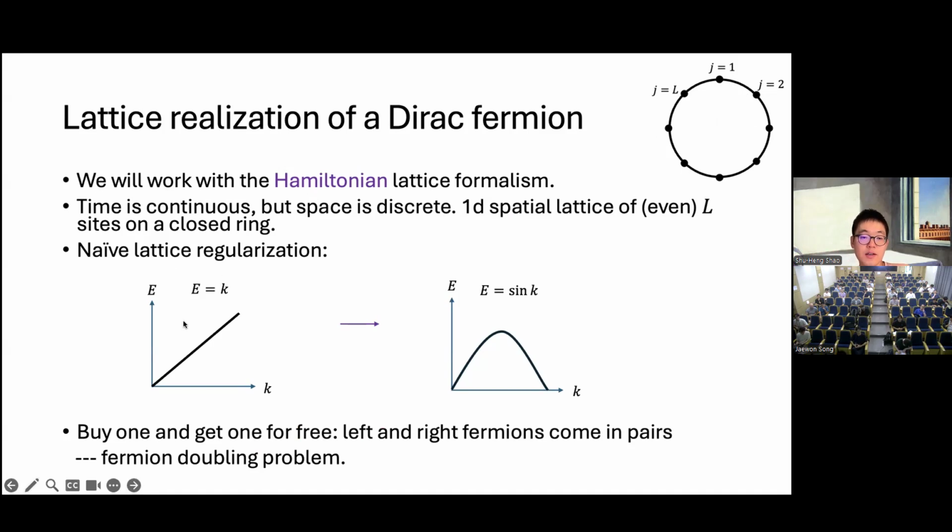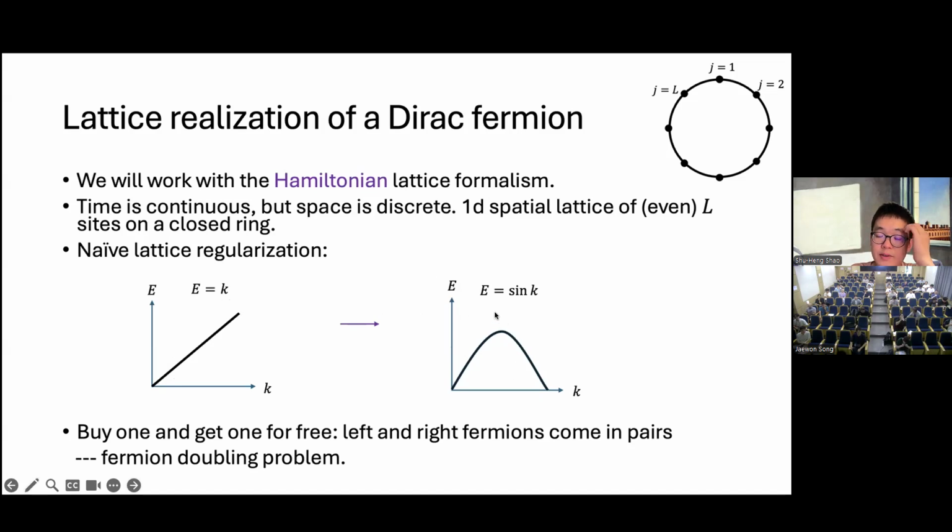Now, in the continuum, the dispersion relation for a right-moving fermion is just that the energy is equal to the momentum. For a left mover, the energy will be equal to minus the momentum. Now, if you want to realize the continuum fermion on the lattice, the energy of the states on the lattice is necessarily periodic in momentum as you go from one end of the Brillouin zone to the other end.